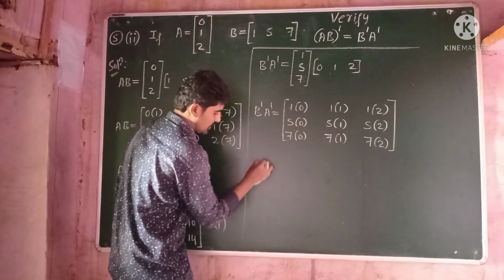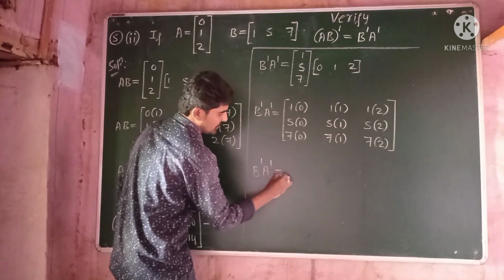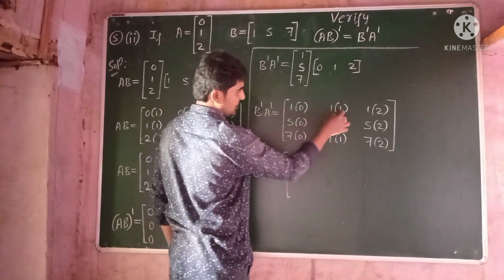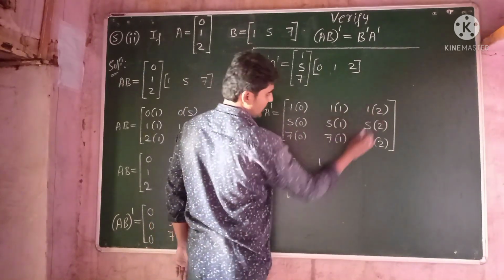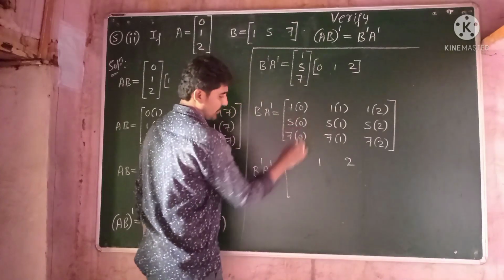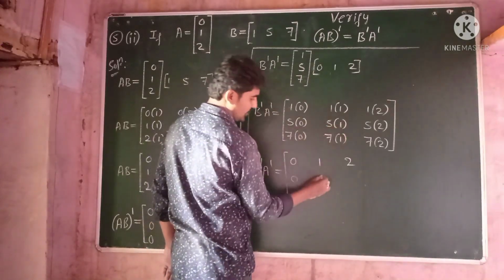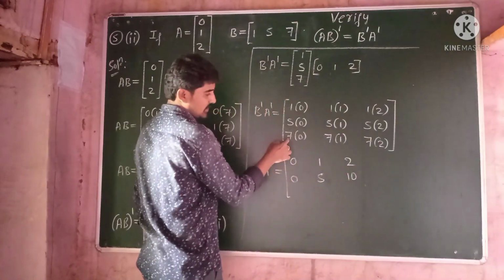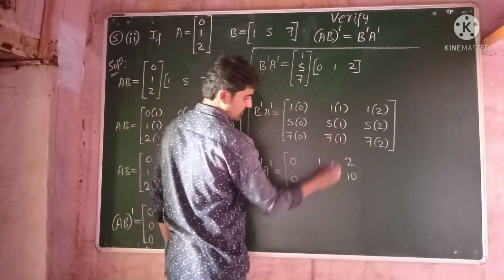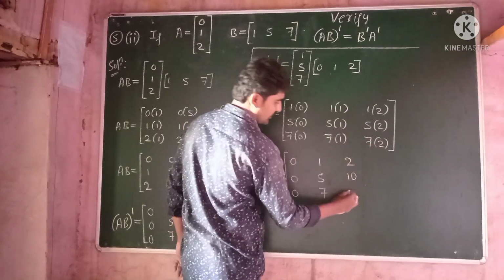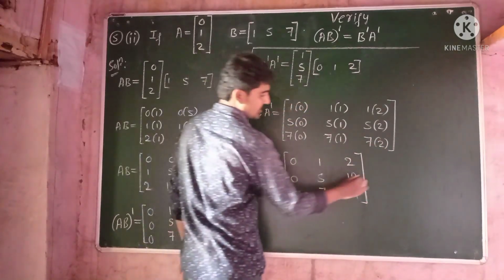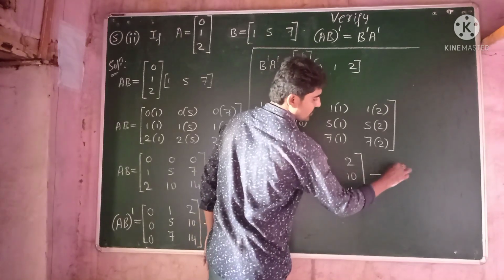Therefore required matrix B dash into A dash is equal to 1 into 0 is 0, 1 into 1 is 1, 1 into 2 is 2, 5 into 0 is 0, 5 into 1 is 5, 5 into 2 is 10, 7 into 0 is 0, 7 into 1 is 7, 7 into 2 is 14. And now call this equation as equation number 2.